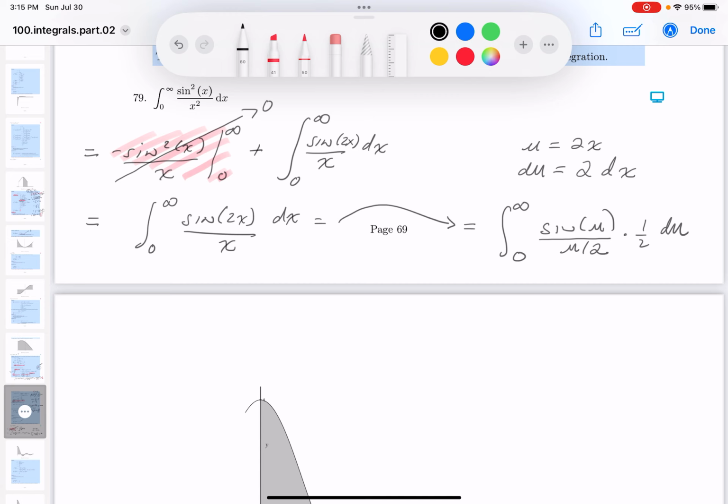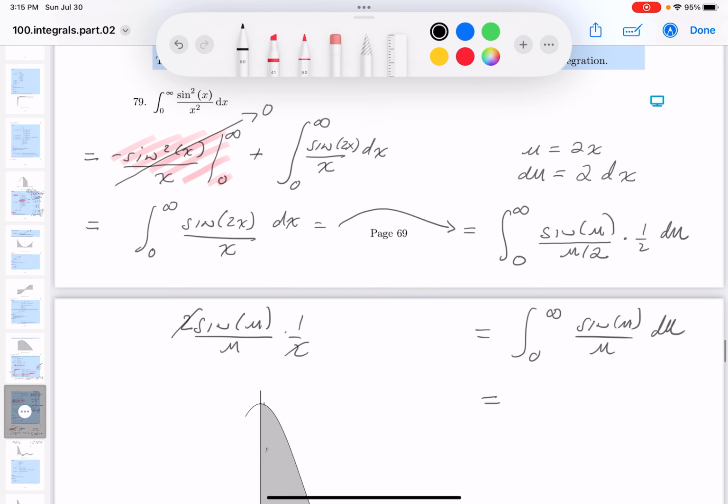It looks complicated, so I really want to simplify that integrand. With u over 2 and then times 1/2, these cancel off. So what are we left with? We're left with the integral from 0 to infinity of sine u over u du.